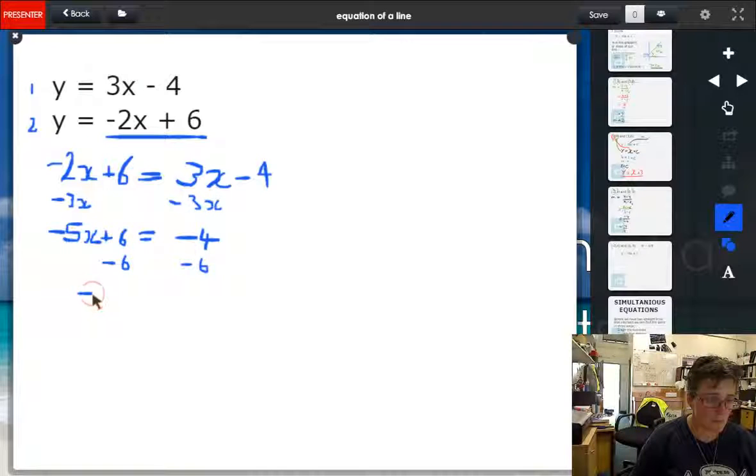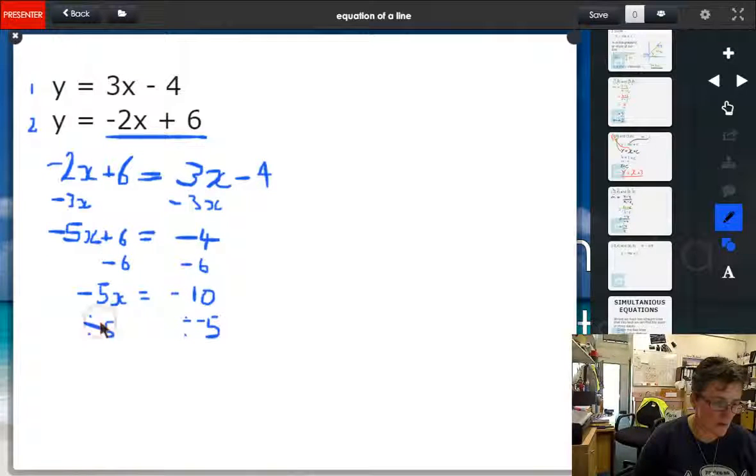So now we've got -5x equals -10. Now to get the x on its own, we need to divide both sides by -5. We do that on both sides. Oh, I forgot the minus on the other one.